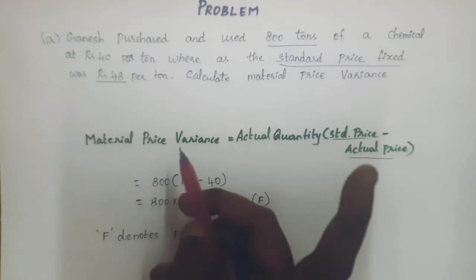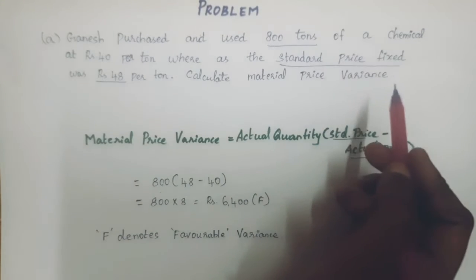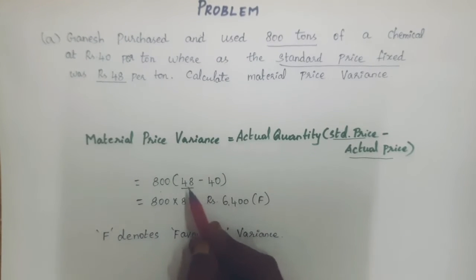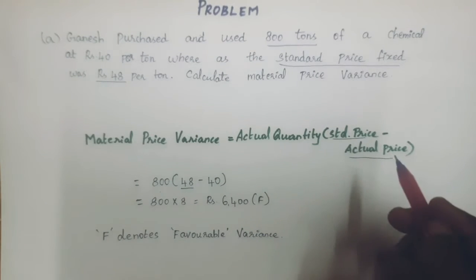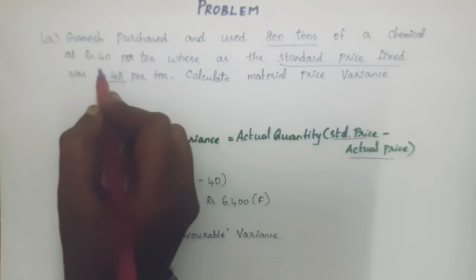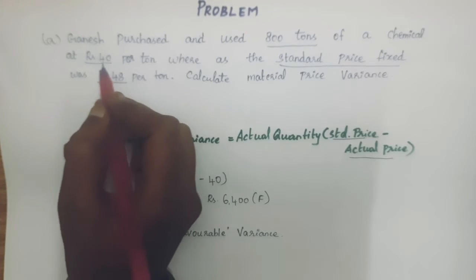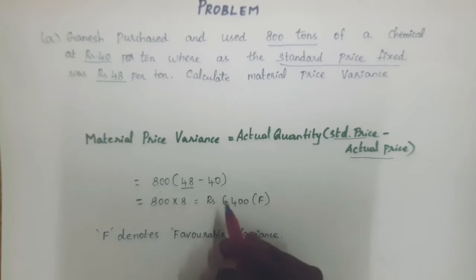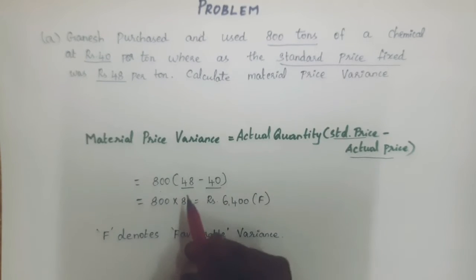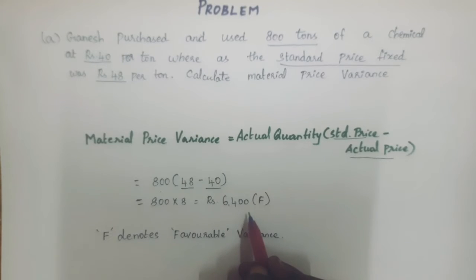So for 1 ton, the fixed price is rupees 48. So we'll put 48 as standard price. Then actual price. Here we have the actual price of rupees 40. So here we put rupees 40. Deducting 40 from 48, you will get 8. So 800 into 8, you will get 6400.